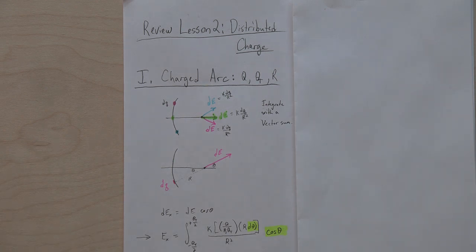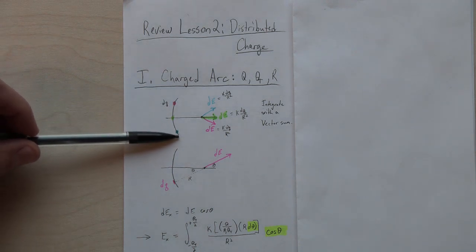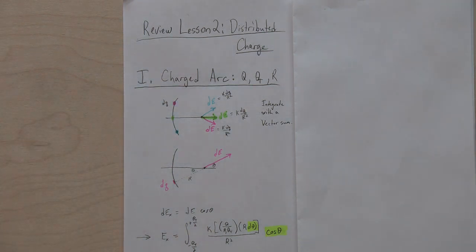But here's the idea. We can't use kq over r squared. We can only use that for point charges. So we pretend that this arc is actually made of a bunch of little point charges.